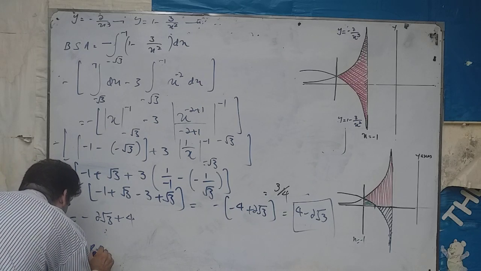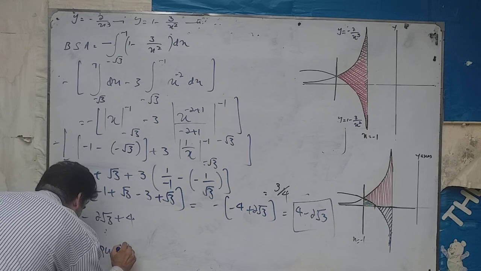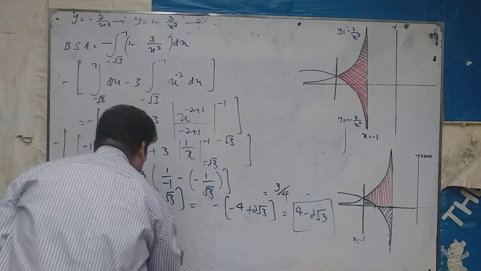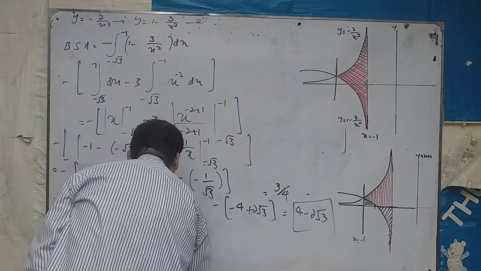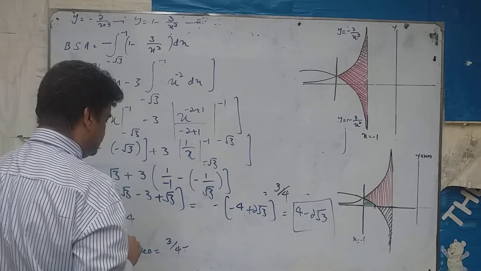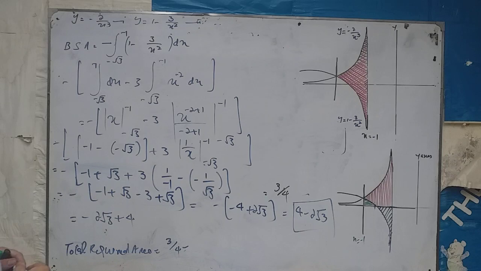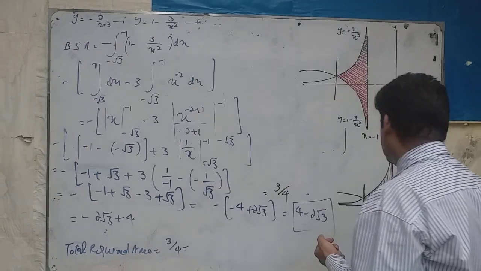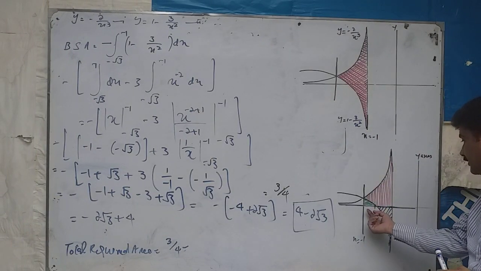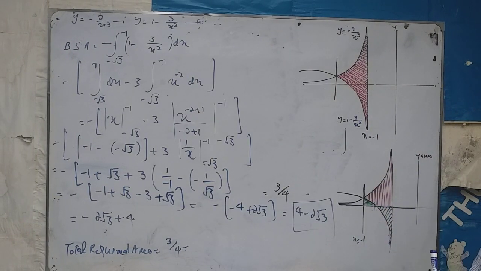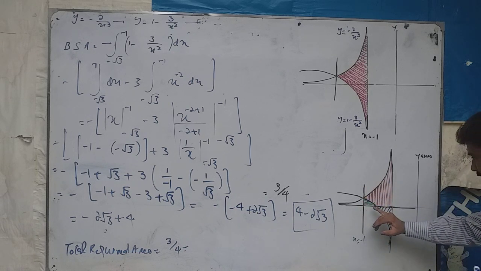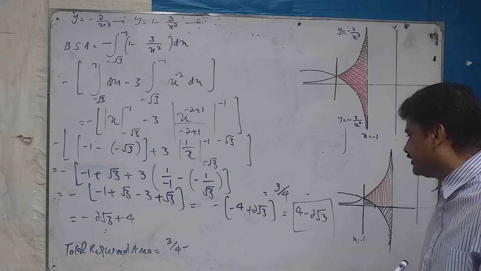Total required area will be equal to 3 by 4 minus the area which is the smallest area, shown by the green shaded area.